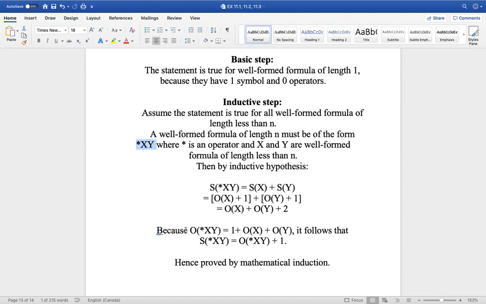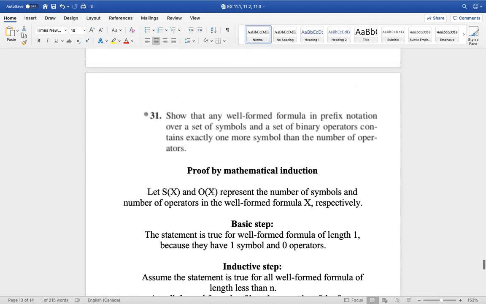Now, because O of operator x y equals 1 plus O(x) plus O(y), it follows that S of x y equals O of x y plus 1. So therefore, we have proved by mathematical induction that any well-formed formula in prefix notation over a set of symbols and a set of binary operators contains exactly one more symbol than the number of operators.